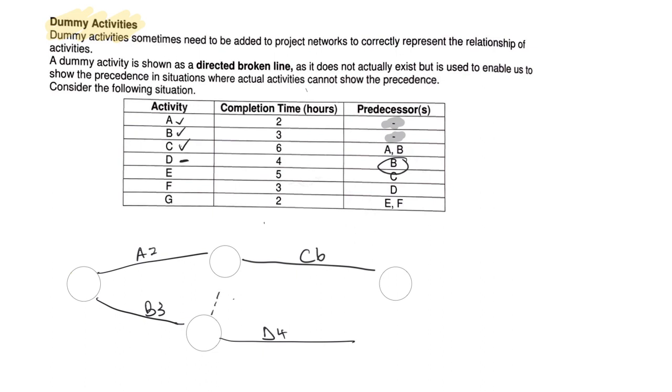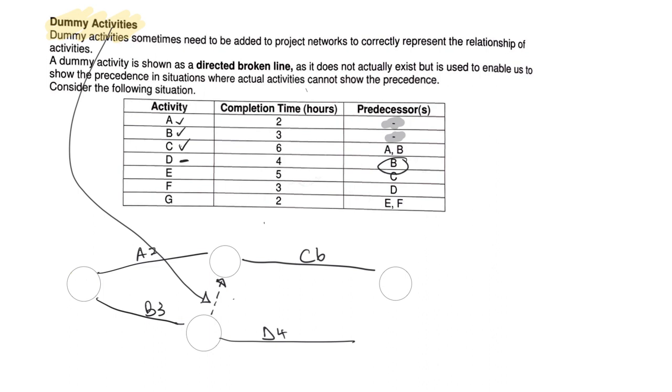So I'm going to draw a little dotted arrow line here to show that once you do B, there is a fake, they call it a dummy activity. So this dummy activity, that's what we're calling this bit here, happens before, so that there's that link between B finishing and then C starting.